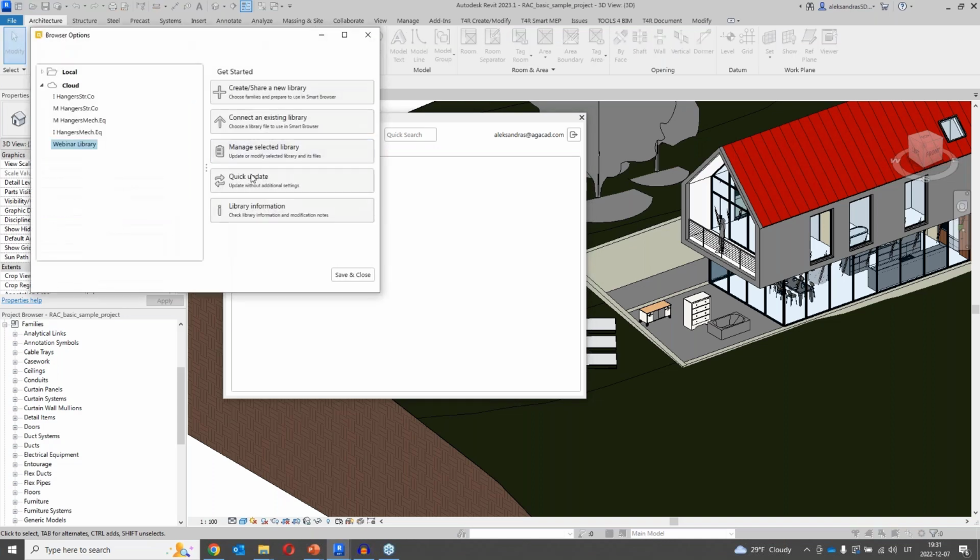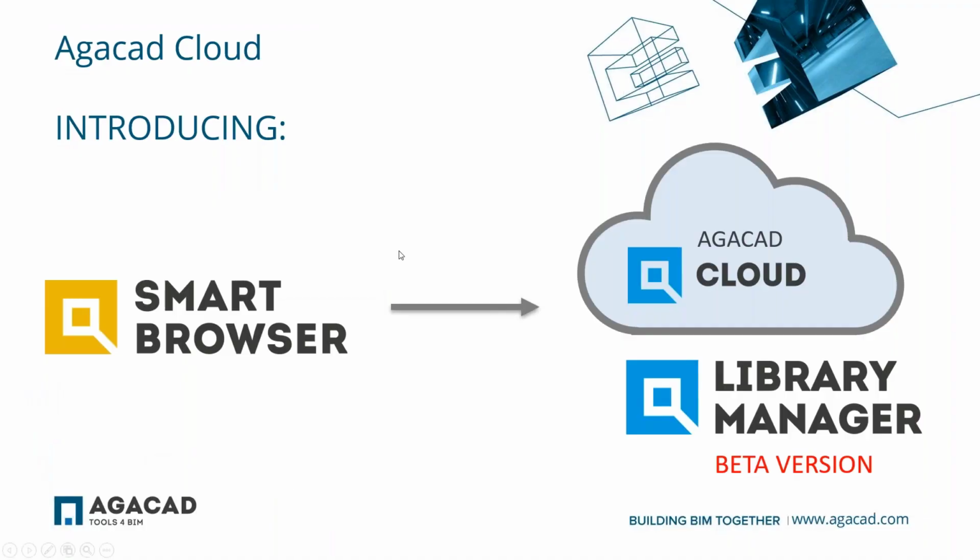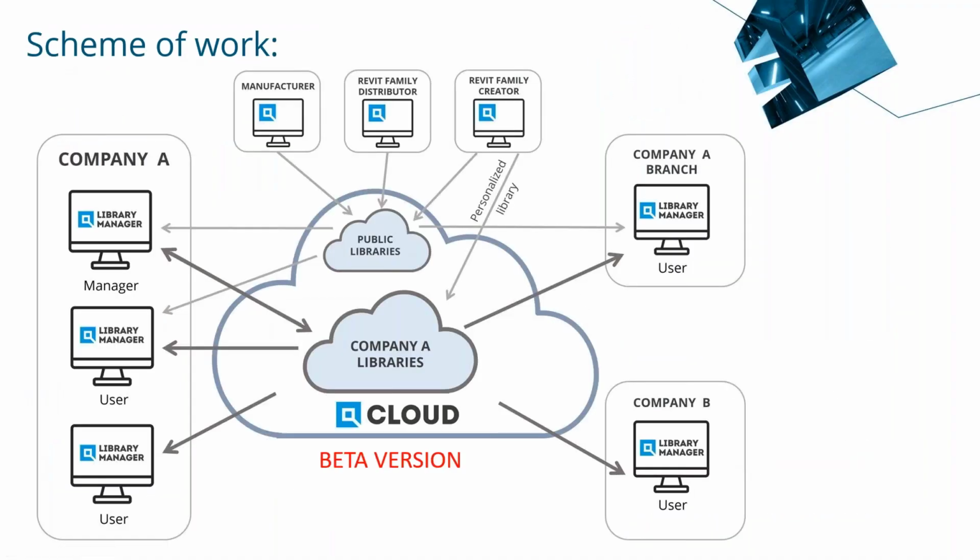So very simple, very easy to use, very easy to create libraries that you can use from any computer once you have access to Agacad Cloud. Back to the presentation, scheme of work of what can be done with the Agacad Cloud and storing libraries there.